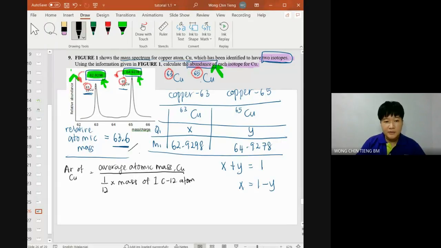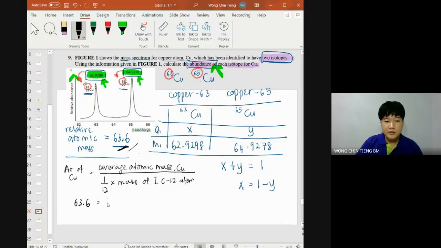And ladies and gentlemen, in the entire semester, the moment ada formula wajib jadi sebagai jawapan. 1 mark. In this semester, you will have a lot of calculation. The entire semester is about physical chemistry. So whenever you have formula, you must have formula as the first thing. 1 mark. Put down the relative atomic mass that you have, 63.6.